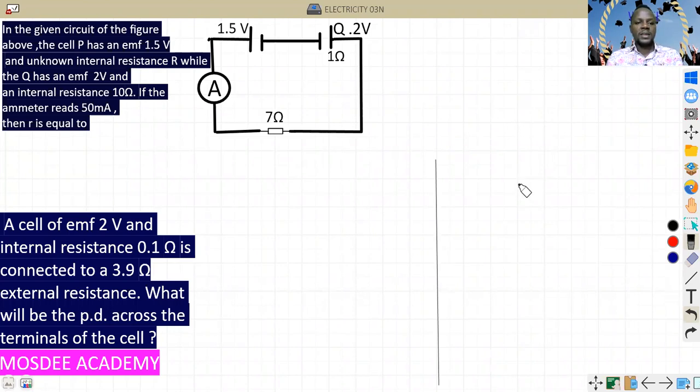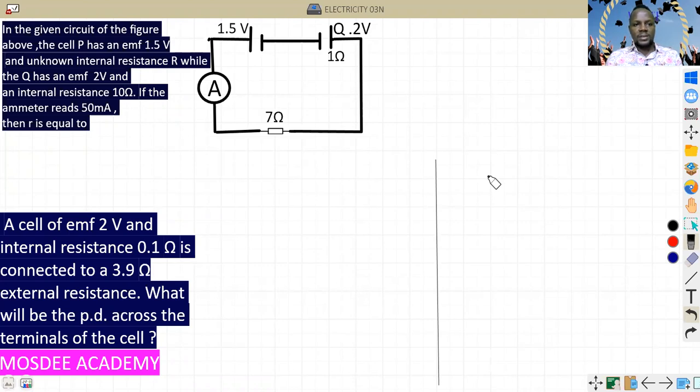The cell P has an EMF of 1.5 volts and an internal resistance r, a small letter r, while cell Q has an EMF of 2 volts and an internal resistance of 10 ohms. If the ammeter reads 50 milliamps, then small letter r is dash.